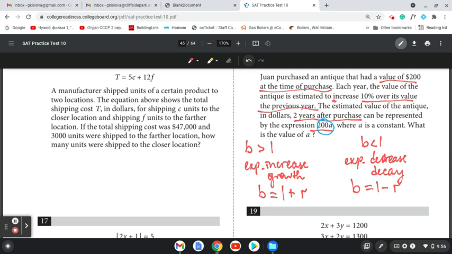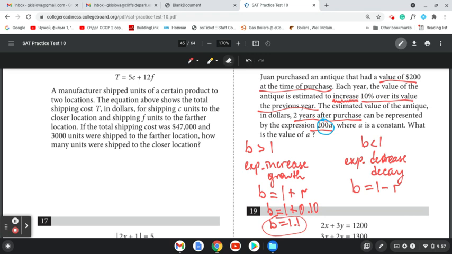In our case, we know it's an exponential growth because the value increases. So I'm going to use the plus. So B is going to be 1 plus the rate, which is 10%. I'm going to convert it into a decimal. So B is going to be 1.1. That's how we got that for our problem.